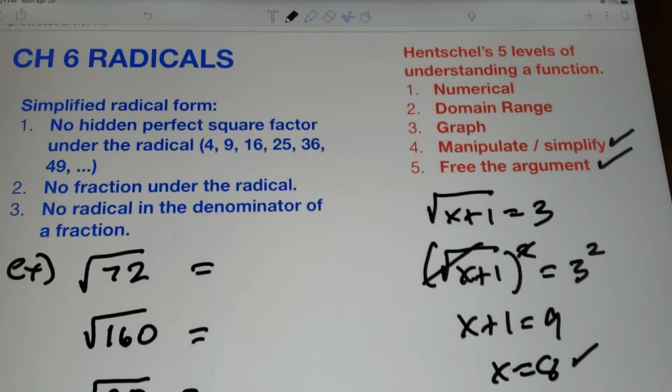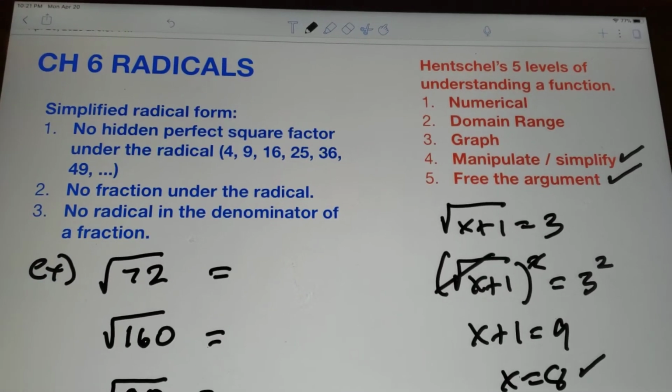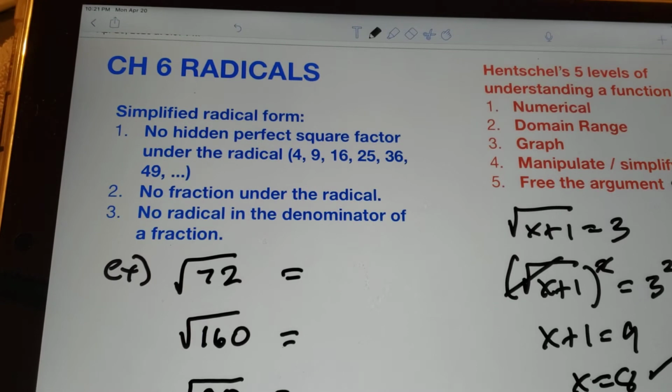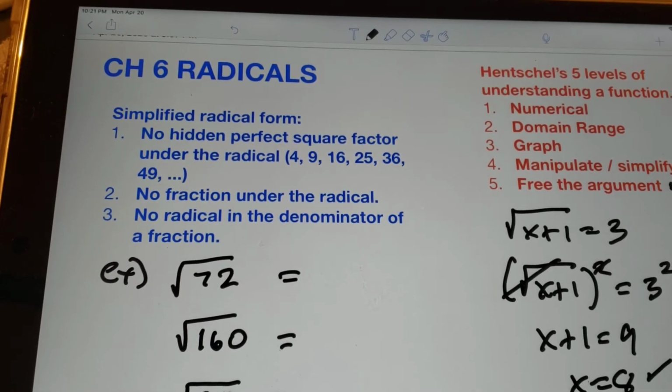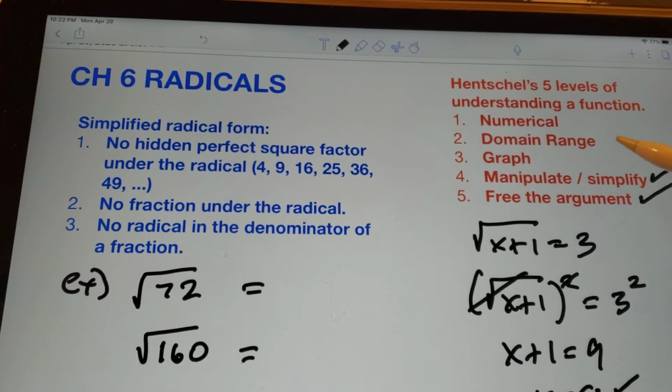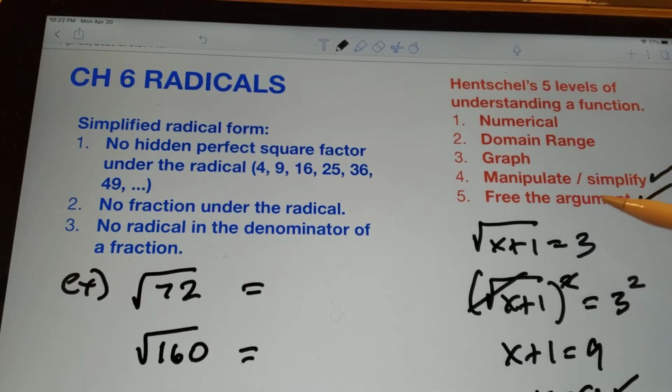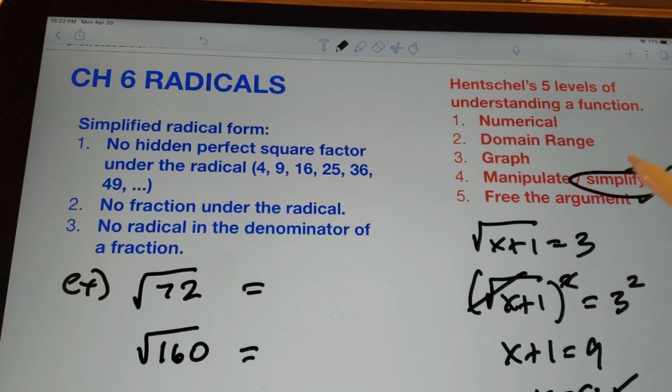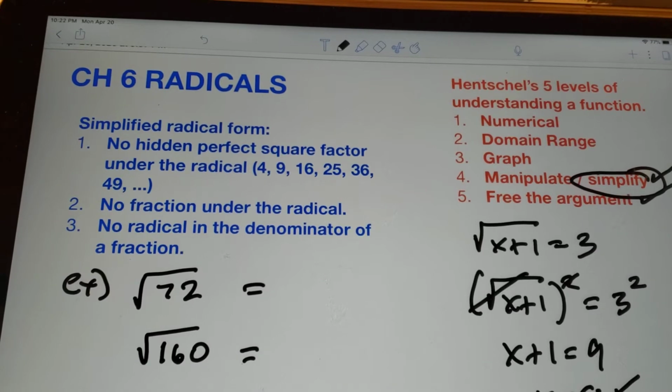All right, but how about all the other stuff that has to do with radicals? So there certainly is more. You can even tell here, domain and range, graph. I'm not going to get into all of those things, but really it's this one right here that I want to talk about, and that is simplifying.